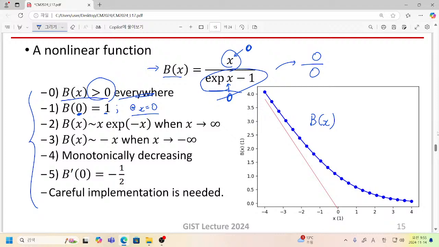But the point is, instead of this 0, let's say that your x is 10 to the minus 16, then what will happen?